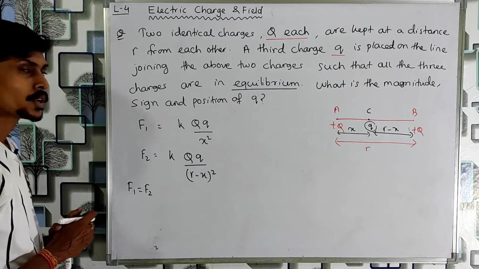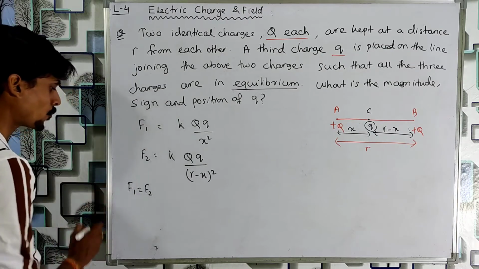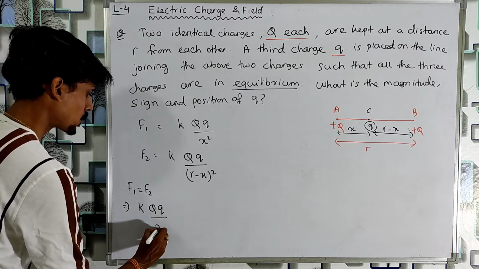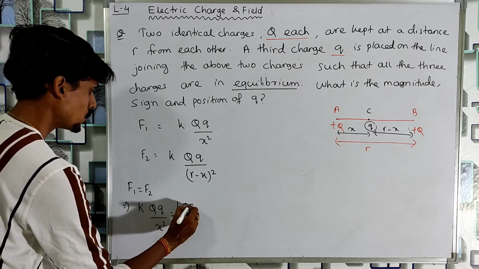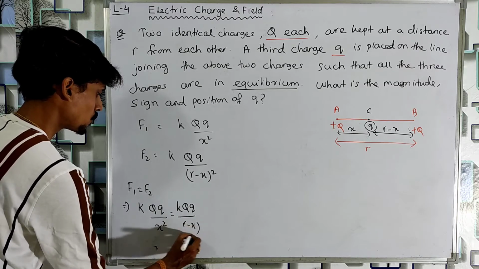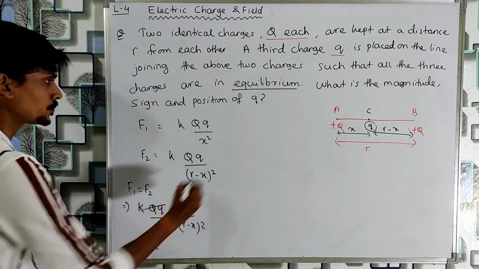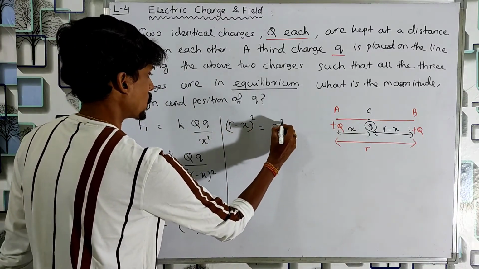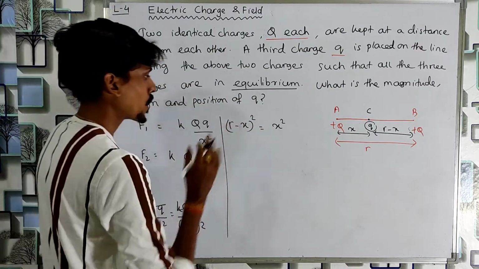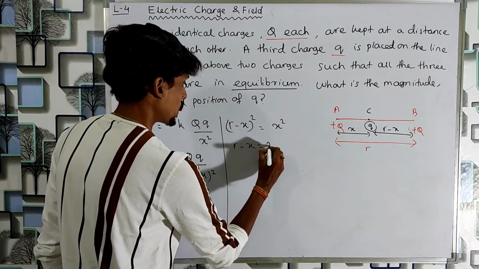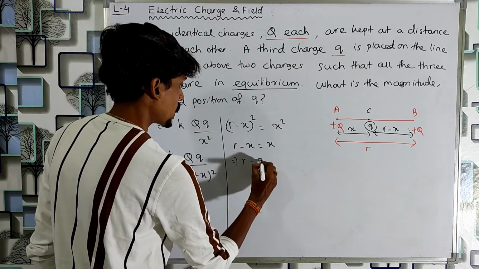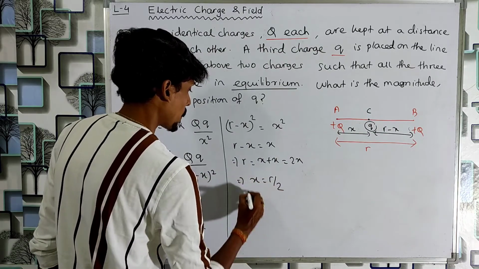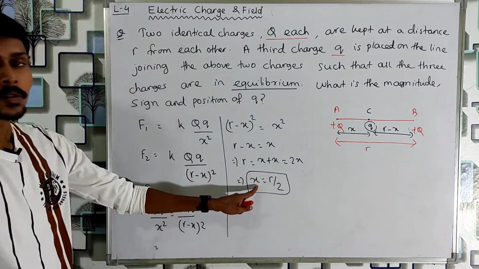So I can write that k capital Q small q divided by x square is equal to k capital Q small q divided by r minus x whole square. So it cancels, and we will get r minus x whole square equal to x square. Now take the square root on both sides. So r minus x equals x, so r equals x plus x, that is 2x, so x equals r by 2. So x is found to be r by 2.